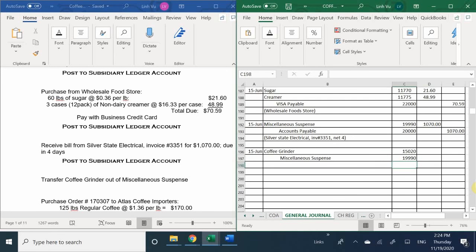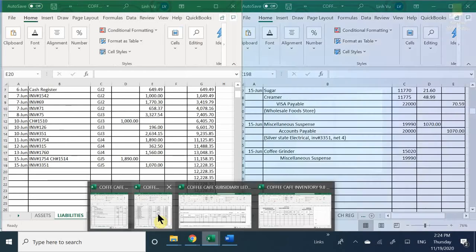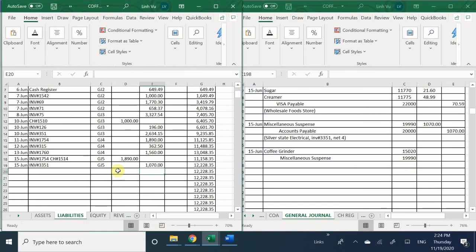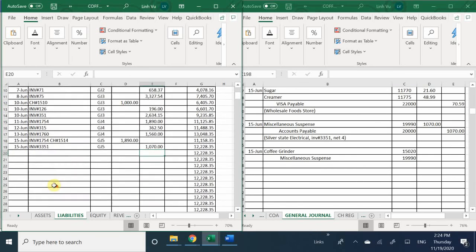But now I have to figure out what the cost of the coffee grinder was. I can look back.